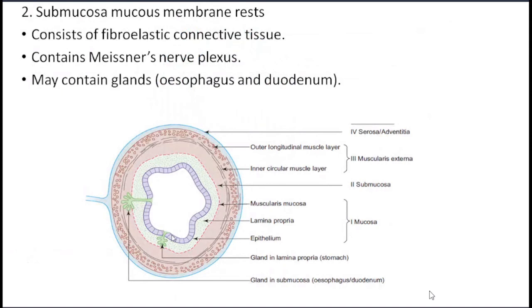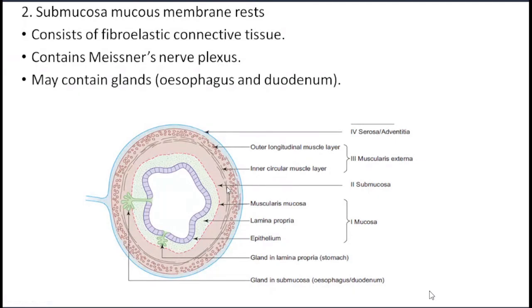You can see here, this is the second layer, the submucosa. The first layer, the mucous membrane, rests on the submucosa, which is nothing but a layer of loose areolar tissue. So the mucosa rests on it.